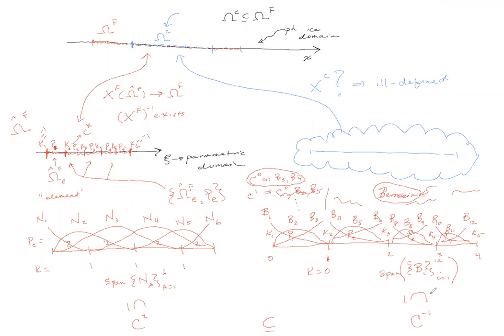A C1 function is also a C minus 1 function, okay? So this space is a subset of this space, right? So what does that mean in terms of the relationship between these basis functions on the right and these basis functions on the left? The ones on the left are contained. Yep.